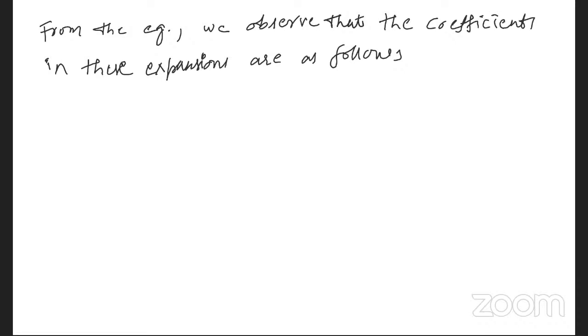So let us write in a form of table. First we'll write index, and then we'll write coefficients here. So if the index is 1, we have 1 and 1.